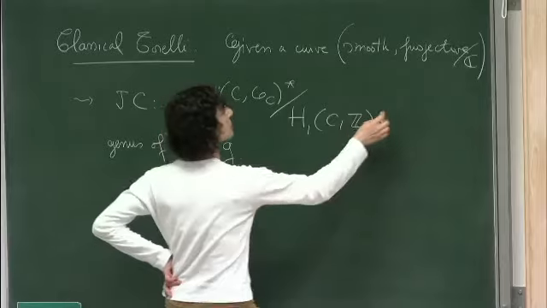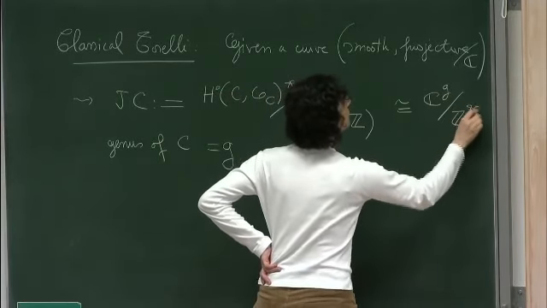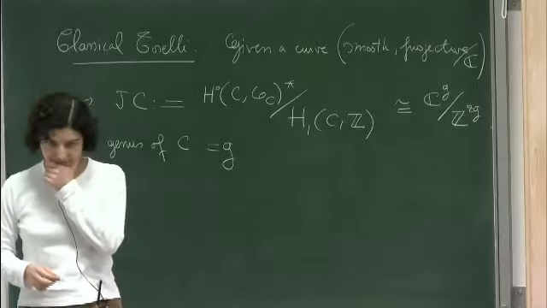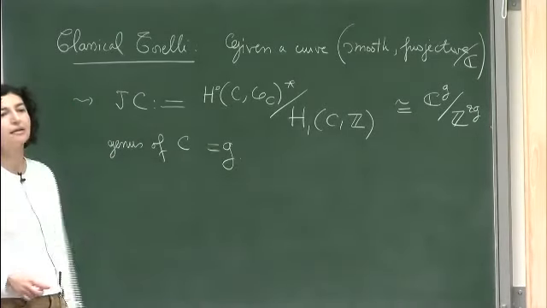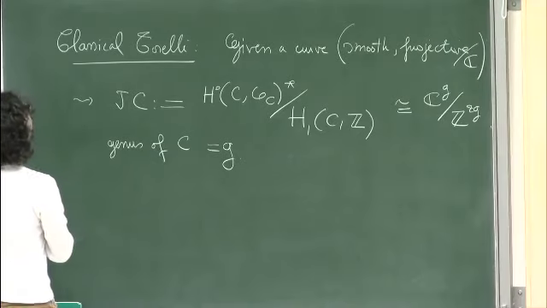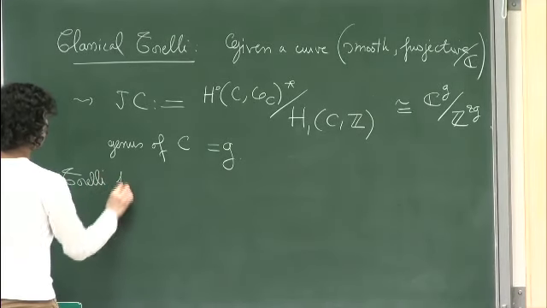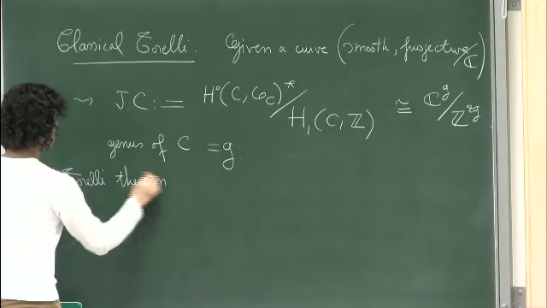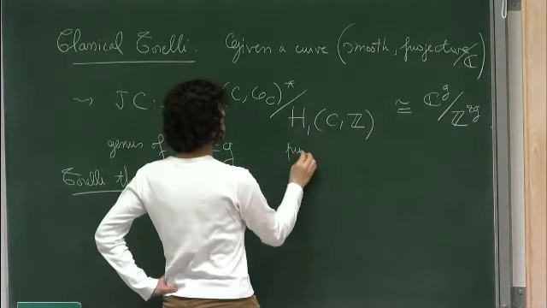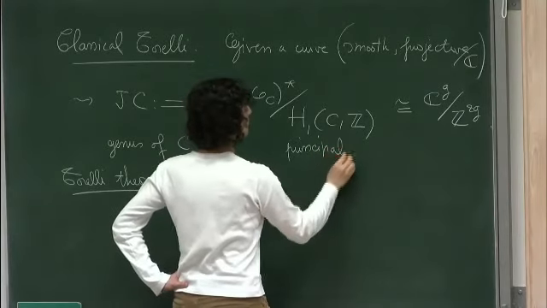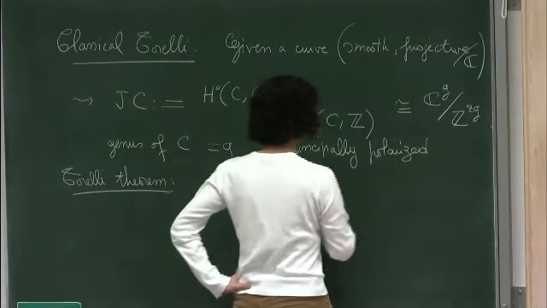So this is isomorphic to C^g modulo a lattice. And actually, it also comes with a polarization, right? This is a principally polarized abelian variety.